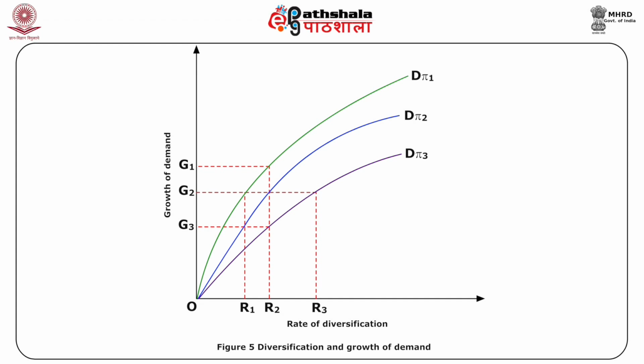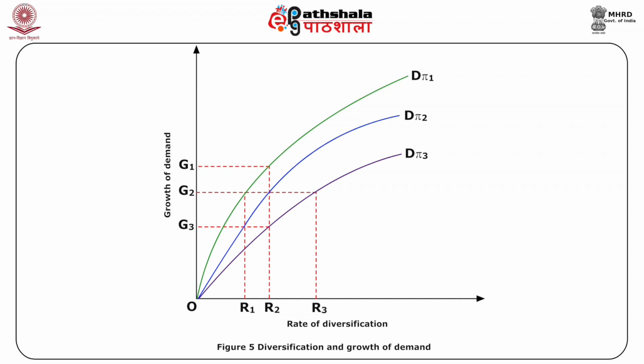Figure 5 shows the relationship between growth in demand and diversification for different levels of profit. The curves slope upward towards the right with a diminishing slope. Each of the curves represents the demand growth curve in relation to different levels of profit, with dπ1 representing a lower level of profit as compared to dπ2 and dπ3.